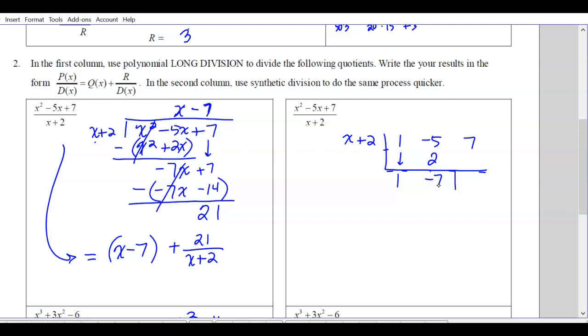Then we multiply back by the 2, so that's negative 14, and it goes into the next column. Then we subtract. 7 minus negative 14 is 21. Okay. Same remainder as we got in the first one. A whole lot less work to get there.